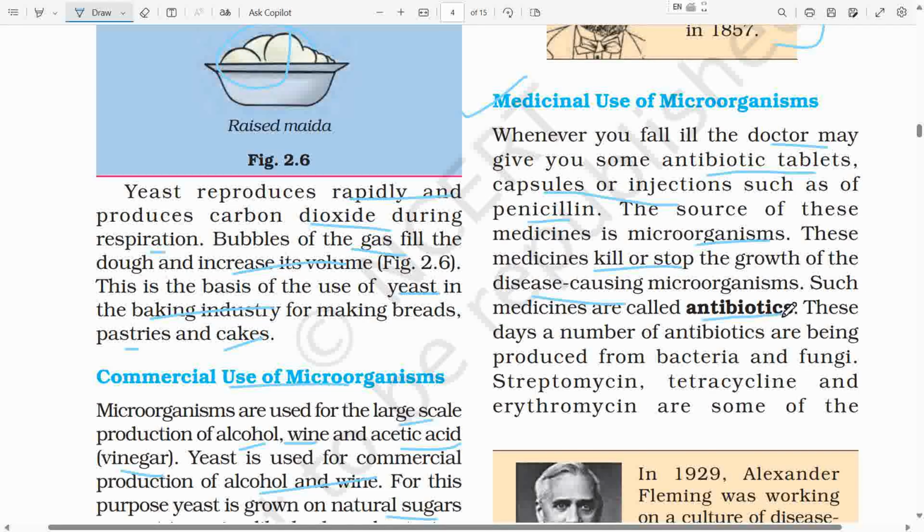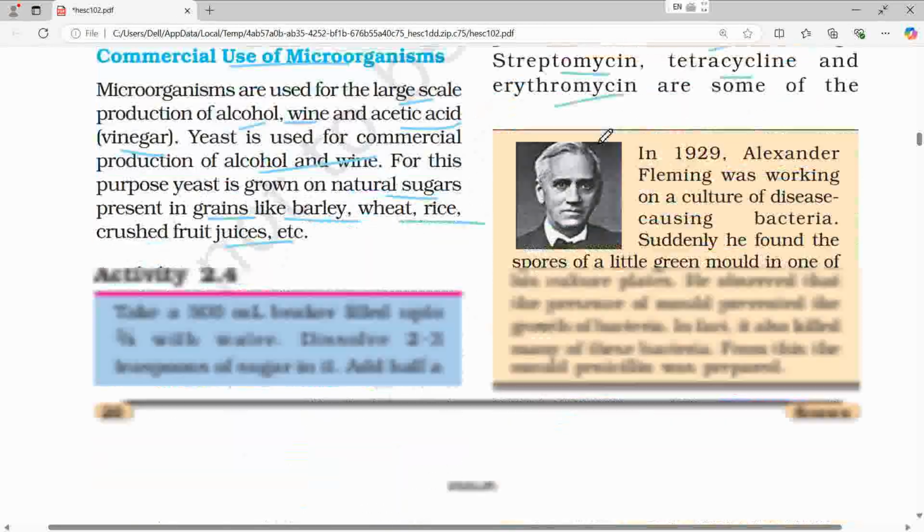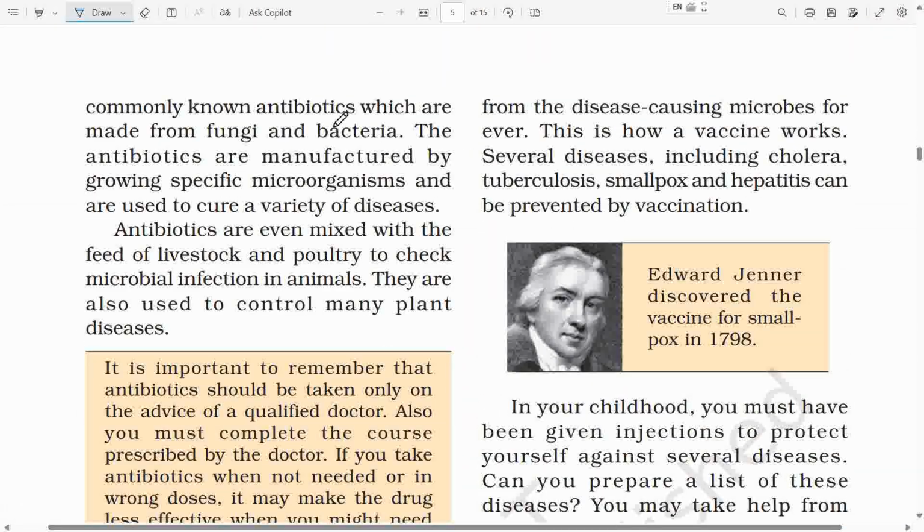Such medicines are called antibiotics. These days, a number of antibiotics are being produced from bacteria and fungi. Streptomycin, tetracycline, and erythromycin are some of the commonly known antibiotics which are made from fungi and bacteria.